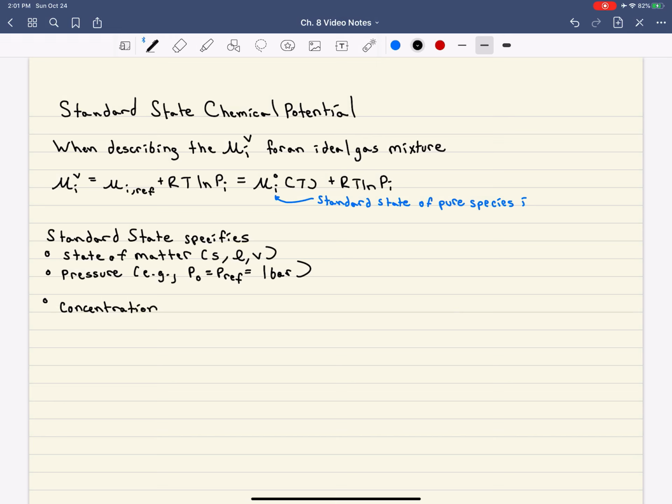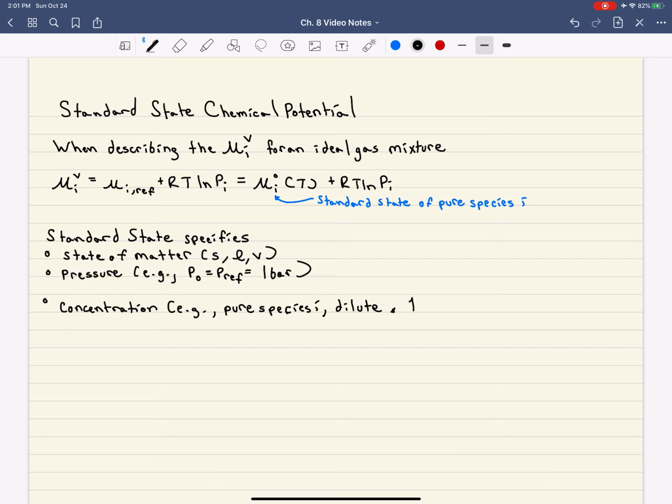Right? And so commonly, by that I mean the standard state could represent the pure species i, or sometimes you'll see it refer to dilute species, where the mole fraction of the species in the mixture is very close to 0.